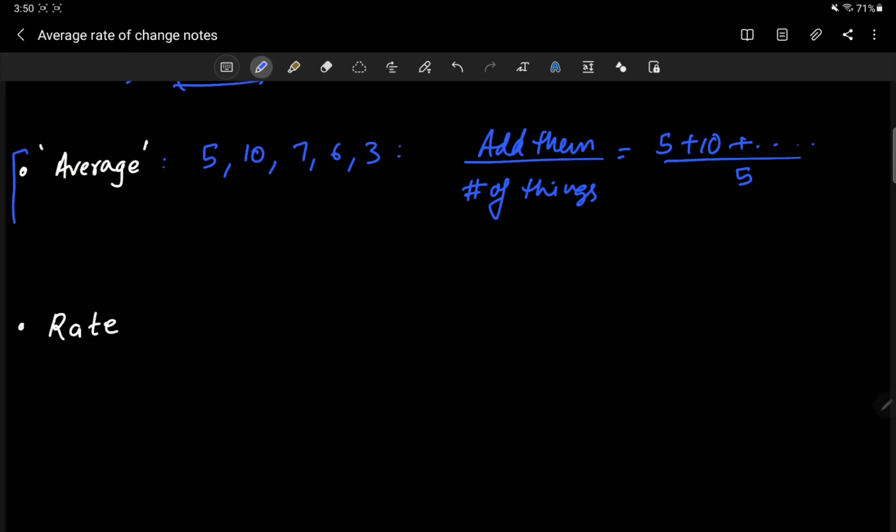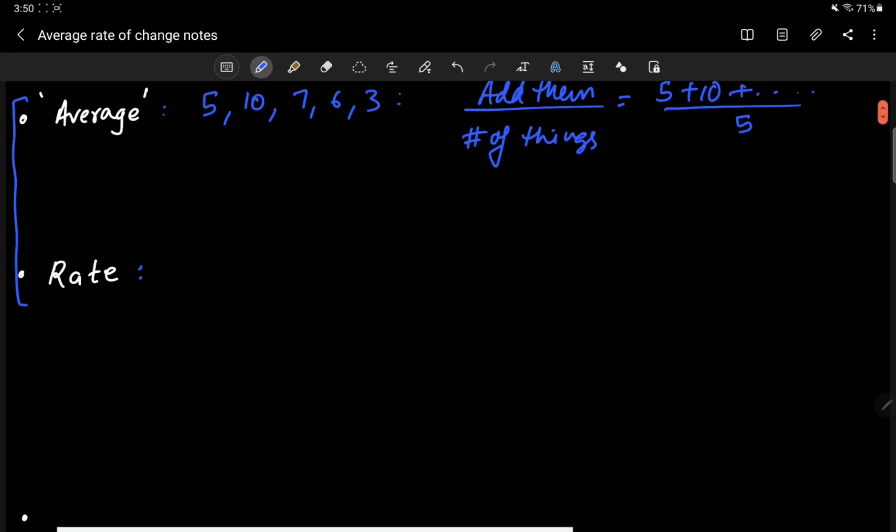But here what we are going to learn is that there's another definition of average, in terms of rate. What a rate does is it looks at change in one quantity divided by change in some other quantity.